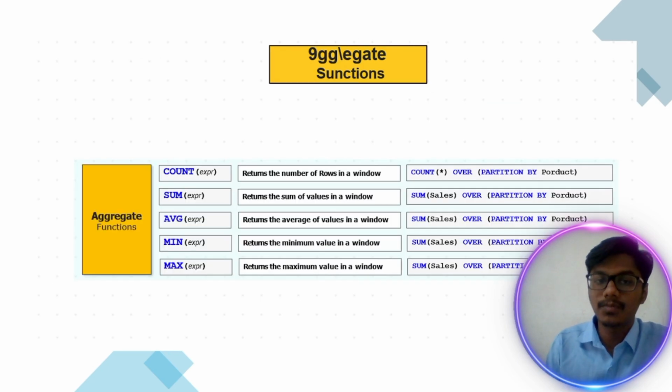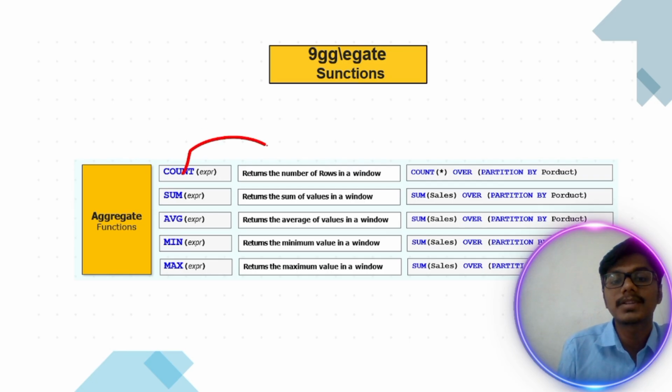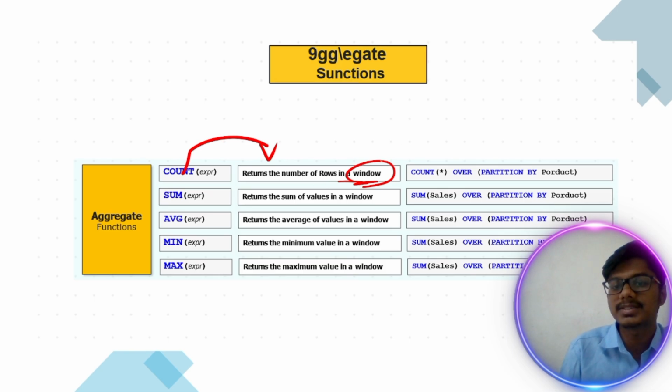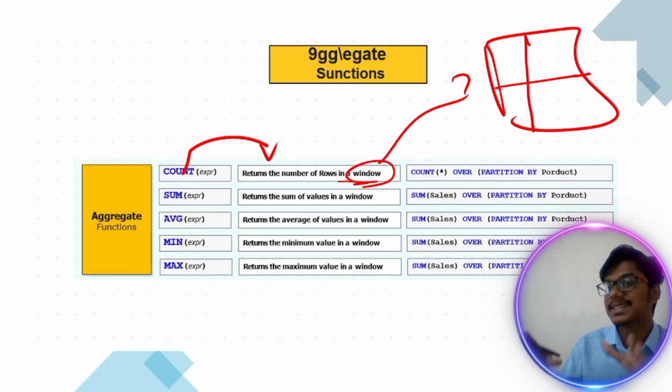So let's discuss what the count function does, and what the sum, average, min and max functions do. What is the use of the count function? It returns the number of rows in a column in a window. A window is nothing but, consider this entire data set as a window.